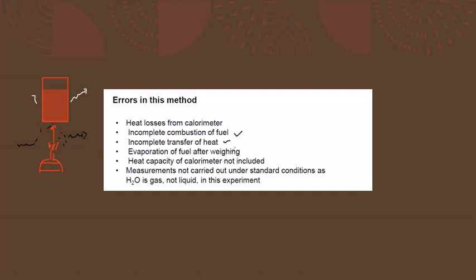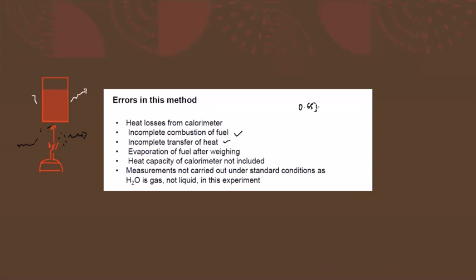Evaporation of the fuel after weighing. As in the previous example, we had 0.65 grams of propan-1-ol. But because these are volatile liquids, some of the fuel might evaporate. So as the fuel might evaporate, we will not have the same 0.65 gram of fuel for combustion.